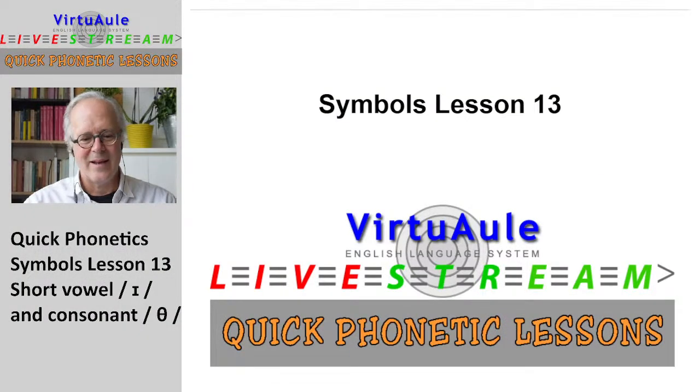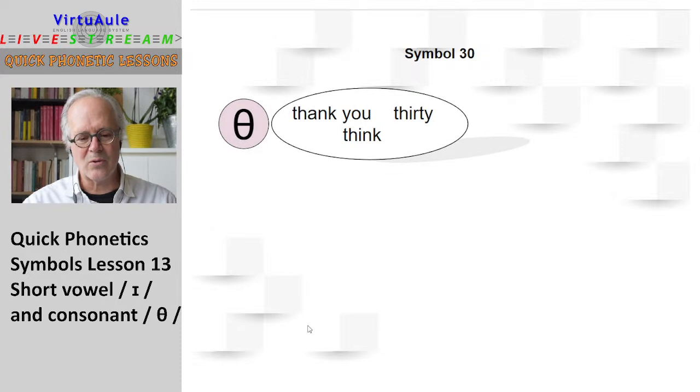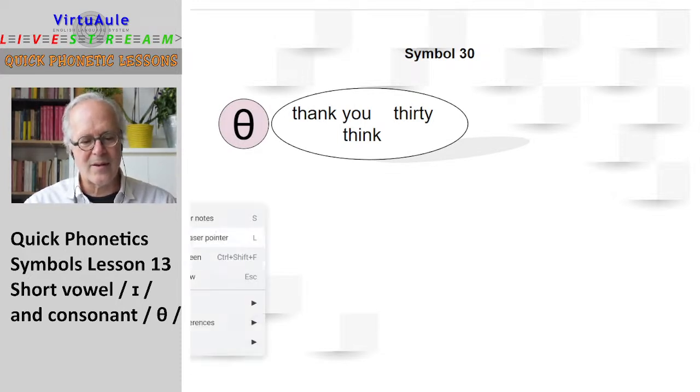Okay, everyone. Let's start right away. We've got a vowel and a consonant, a short vowel I, and the consonant th, which is a very, very difficult sound for most people. It doesn't exist in most languages, and so it's a tricky sound.